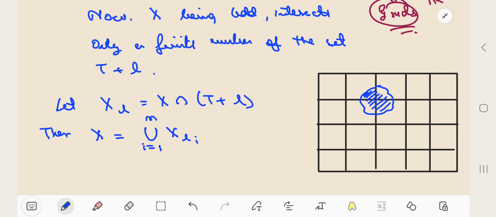In this case I have four of these intersections: XL1, XL2, XL3, and XL4.